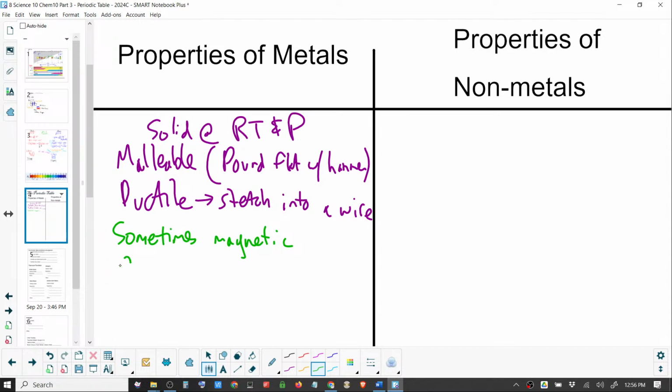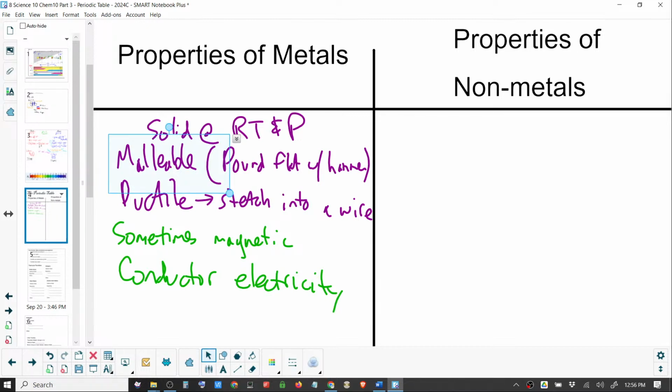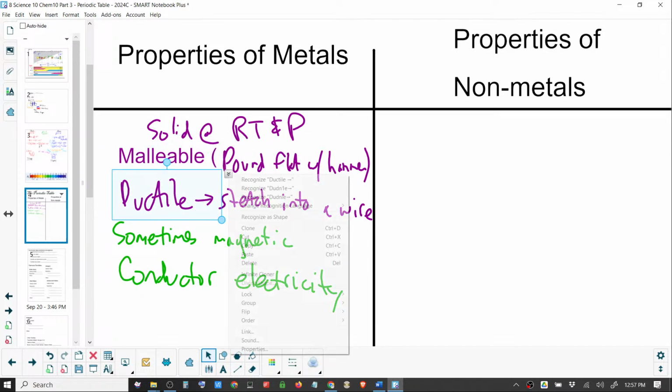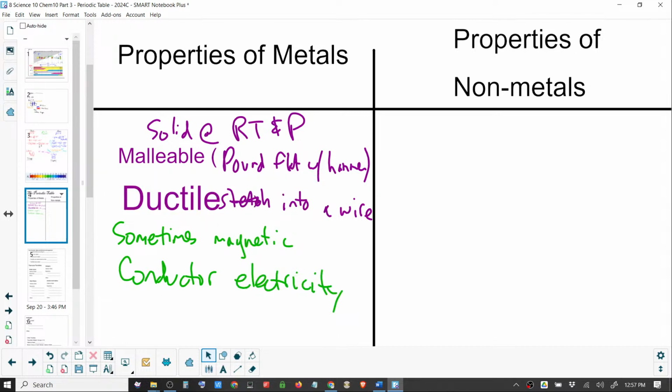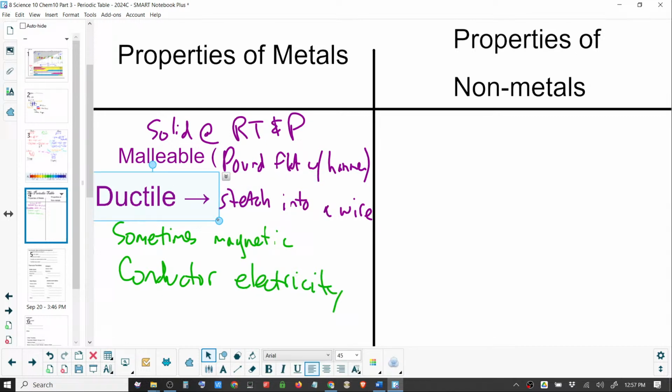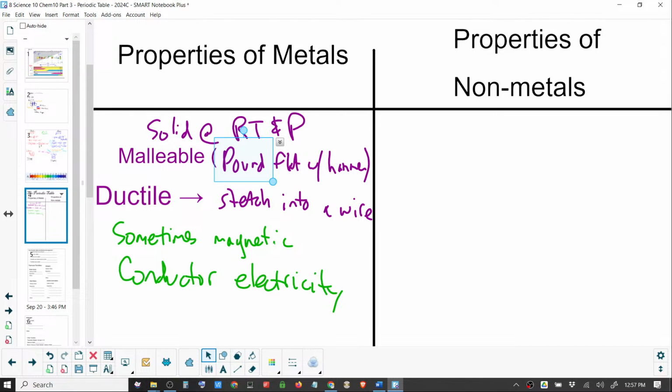Conductor. Wait, Mr. Newfield, what's that thing underneath solid say? Malleable. Let's see what it says. What's the word under it? Ductile. Oh, what does that say? Word flat. Pound flat with hammer.